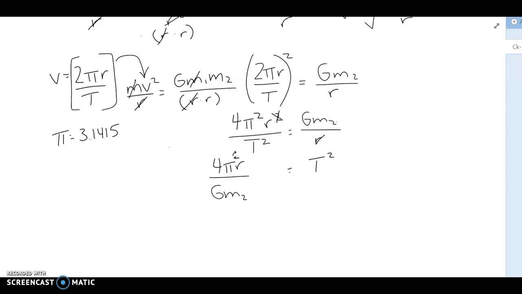And then, of course, that is equal to t equals the square root of 4 pi squared r over gm2.